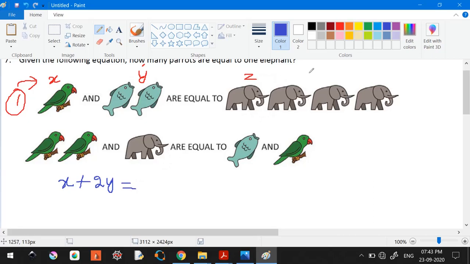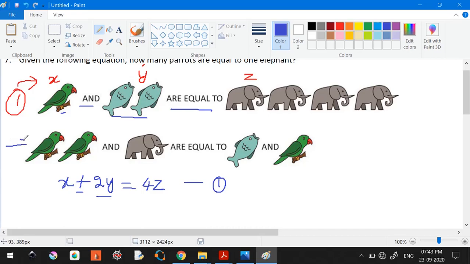Elephant I have denoted as Z, so 4Z. So X plus 2Y is equal to 4Z. I will call this my first equation.